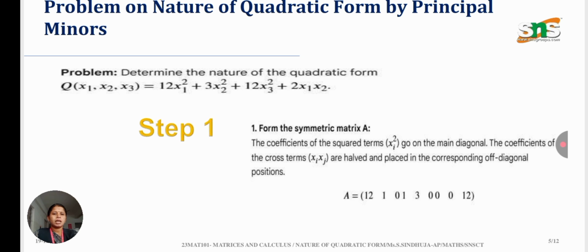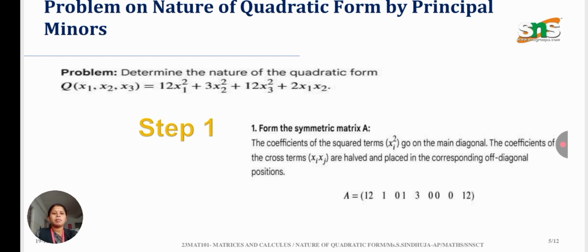We have to take the coefficients of the square terms 12, 3 and 12 as the diagonal elements. The remaining elements are based on the coefficients of x1x2, x2x3 and x3x1. Here we are given the coefficient of x1x2 as 2. It is shared by 2 places, so we have to divide by 2.